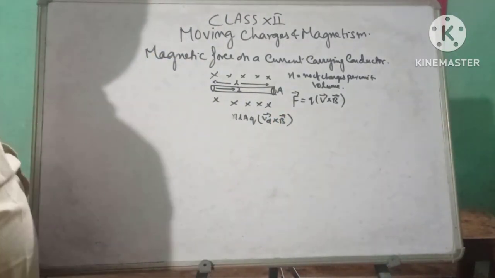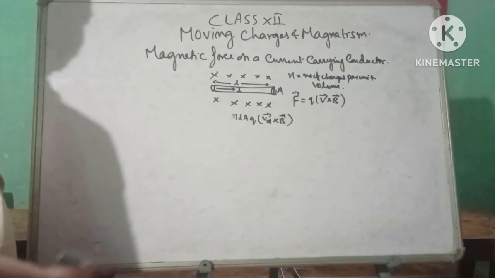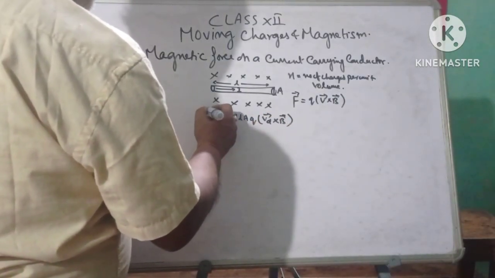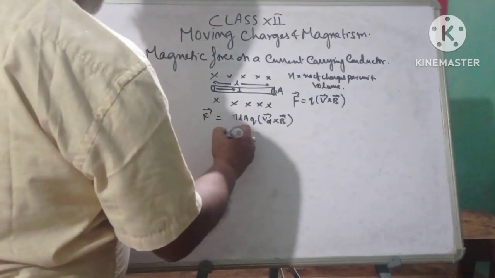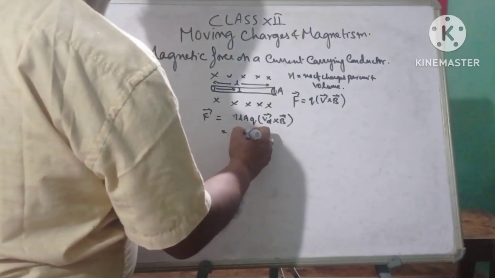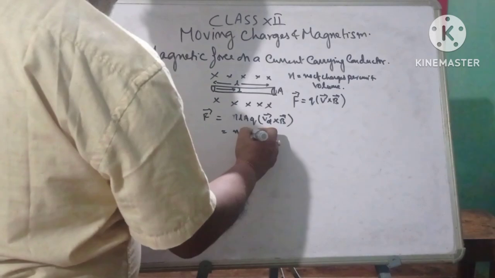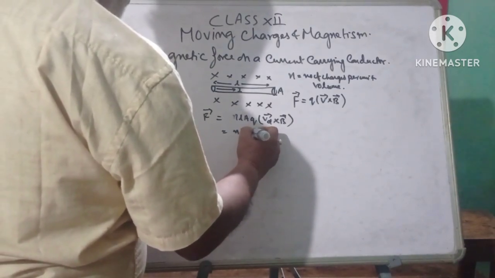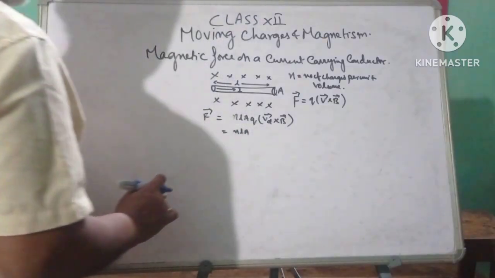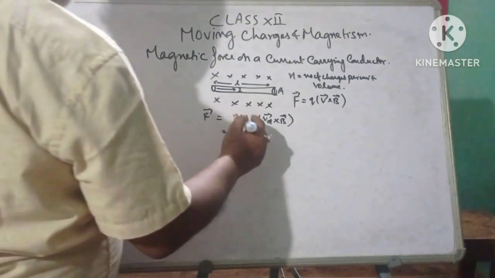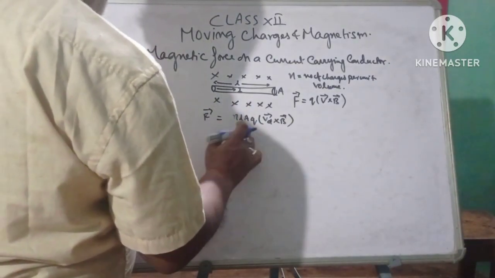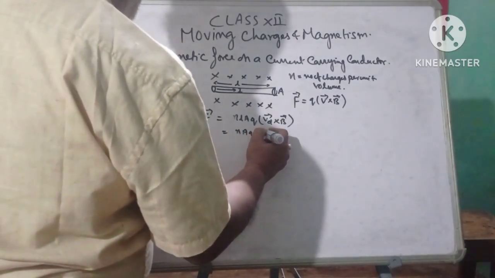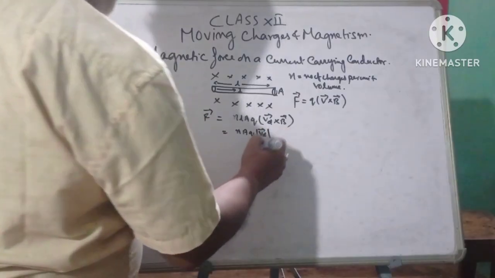Now here, you must know that N, L, A, sorry, N, A, Q, V, B, we are taking the magnitude.